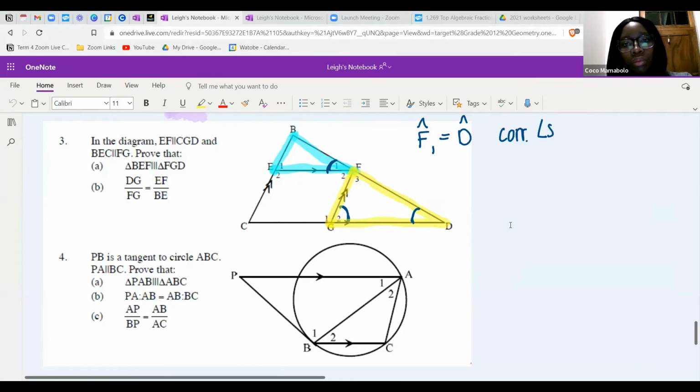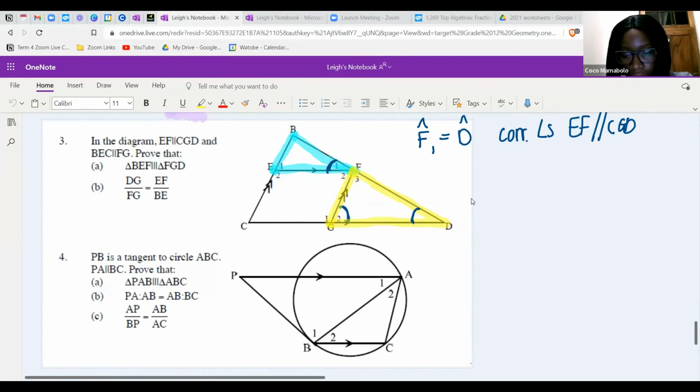All right. Now something else that's important for us here is that angle E1 would be equal to angle C. Angle E1 would be equal to angle C also because they're corresponding angles.